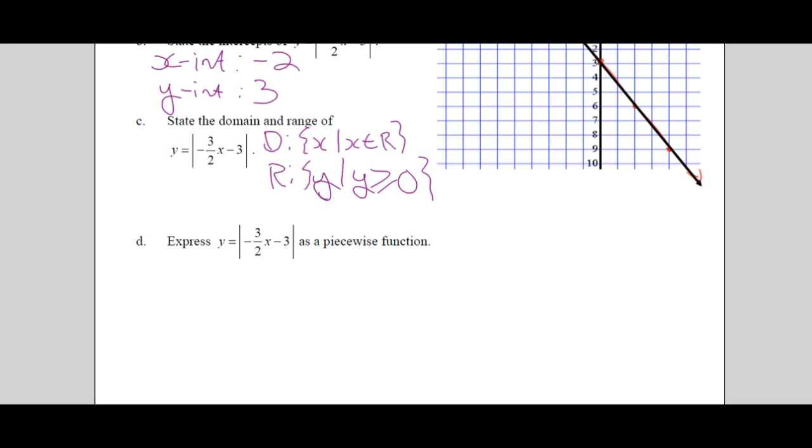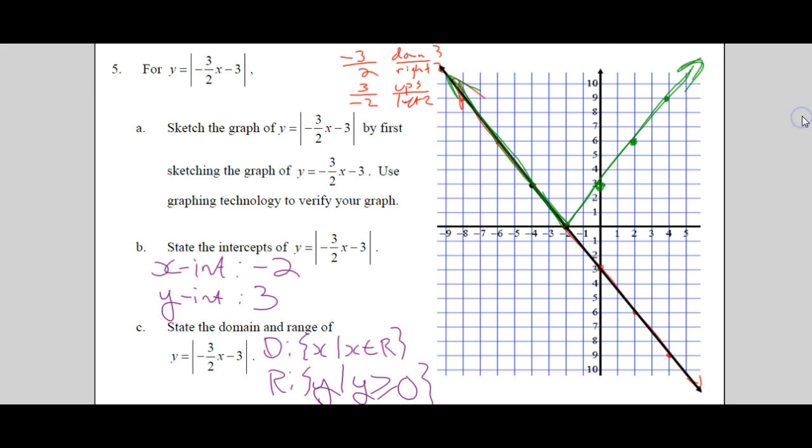Express this as a piecewise function. Okay, now start paying attention. If you graph this, you have to use the absolute value bars, but we could make this into two separate functions. So we could say y is equal to, which branch of this, when are these the same?